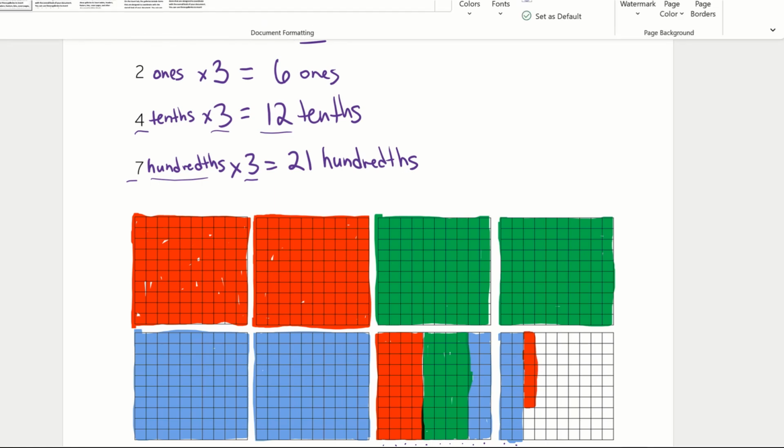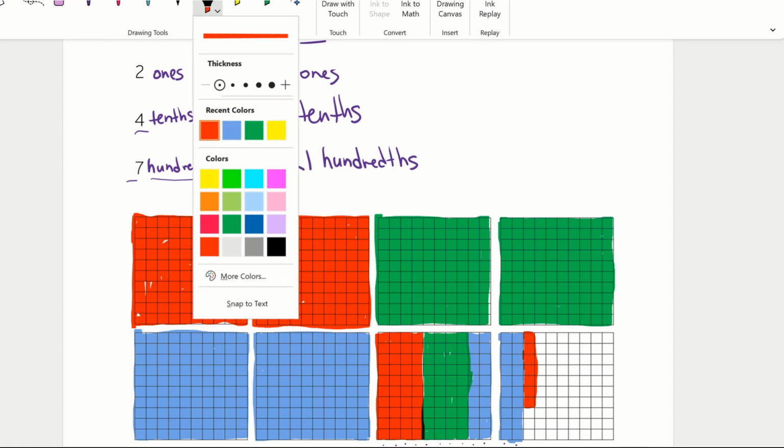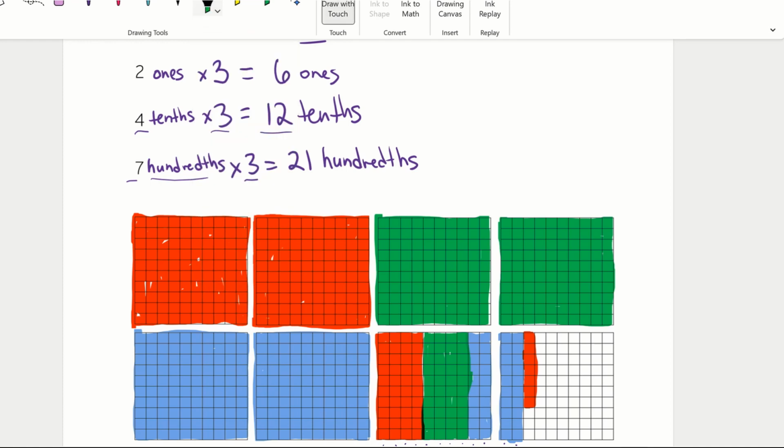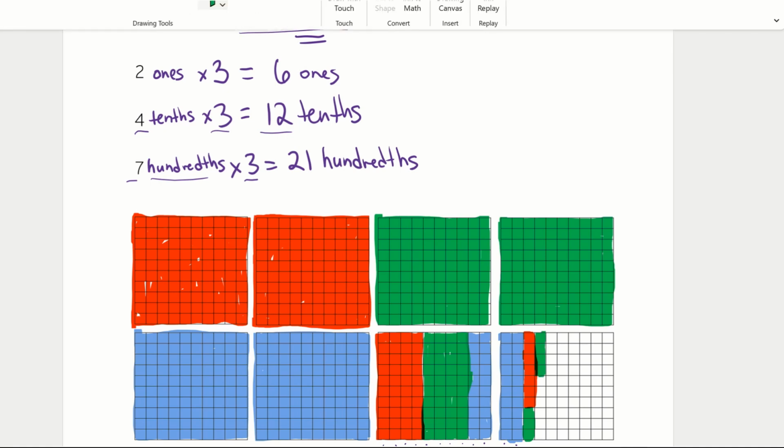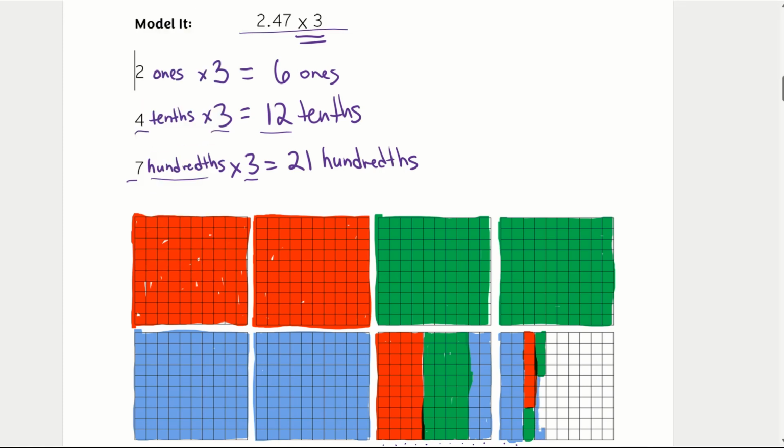And then we'll do 7/100ths that are green. 1, 2, 3, 4, 5, 6, 7. And then 7/100ths that are blue. 1, 2, 3, 4, 5, 6, 7.